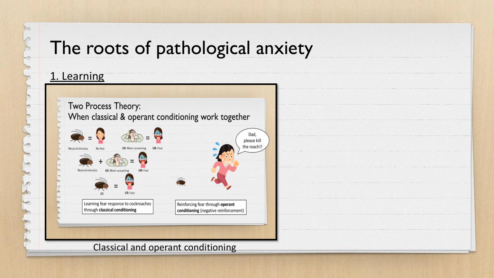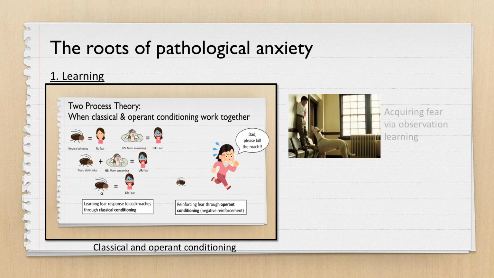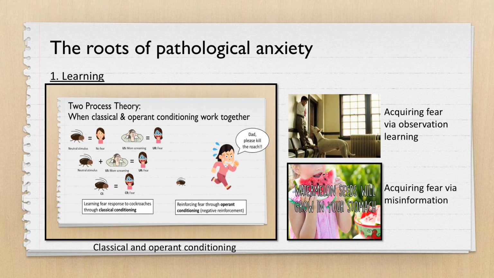We can also develop our fear through observation from others. That is, if as a child we see our parent react really negatively towards dogs, we may learn to develop a fear of dogs. We may also learn our fears through misinformation.